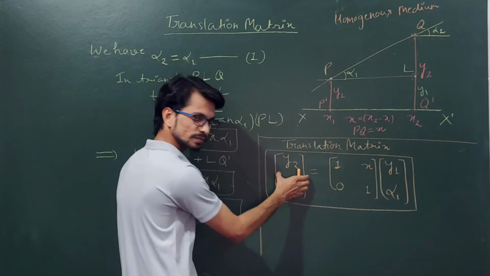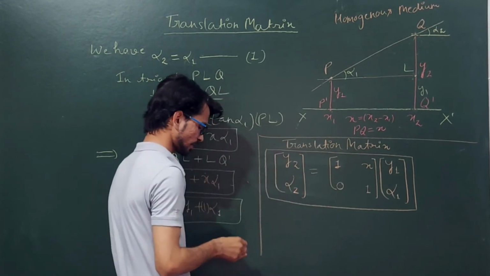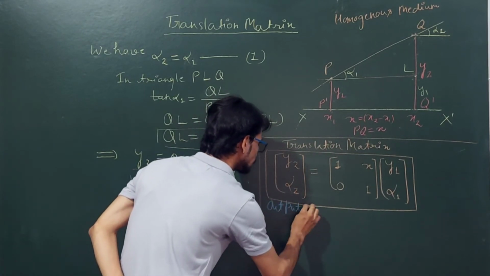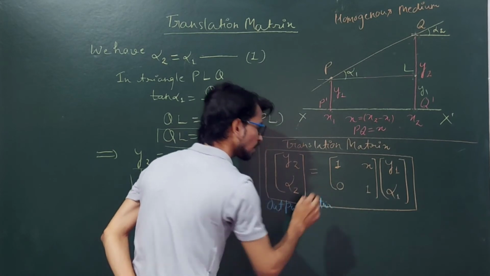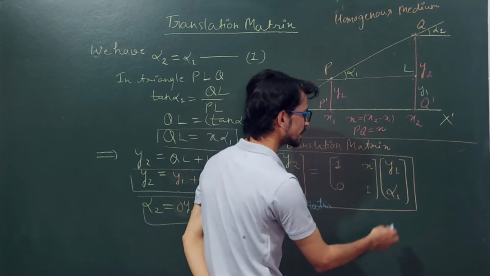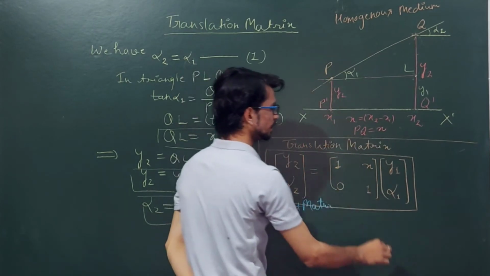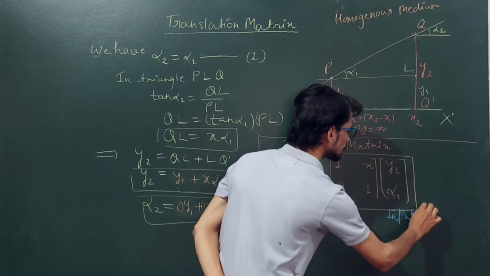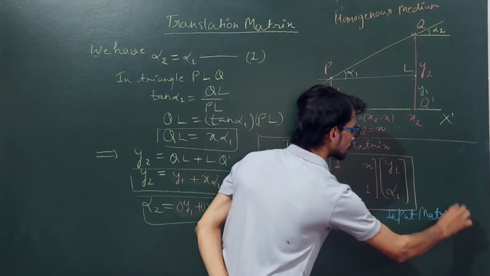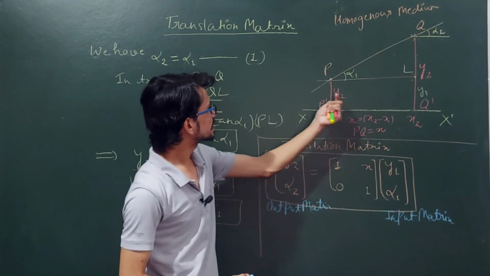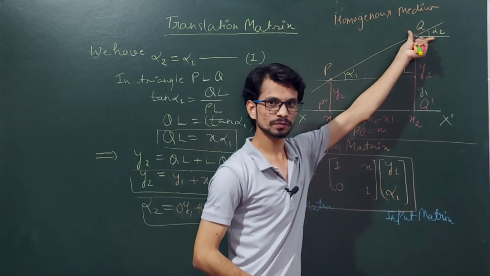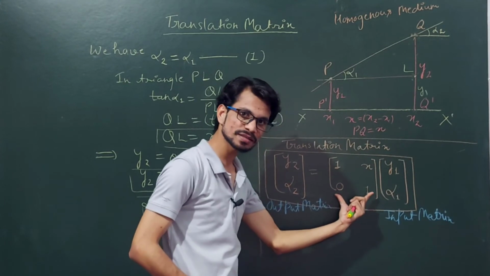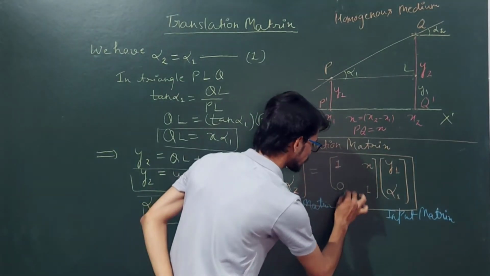So this matrix is known as the output matrix, and y1 and alpha 1 is termed the input matrix because these are the coordinates of the point P, and point P is the input point. The ray has come from the input point to the output point Q in the course of its translation from P to Q. So this matrix is simply known as the translation matrix.